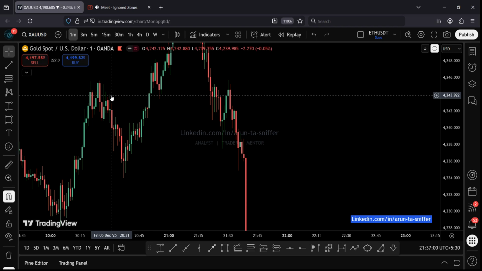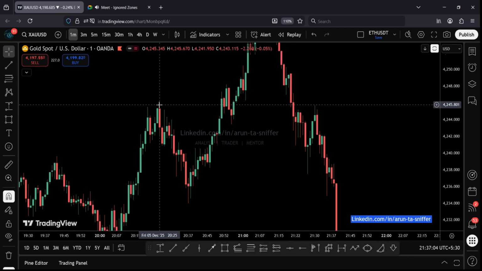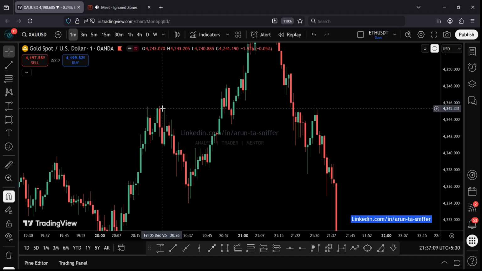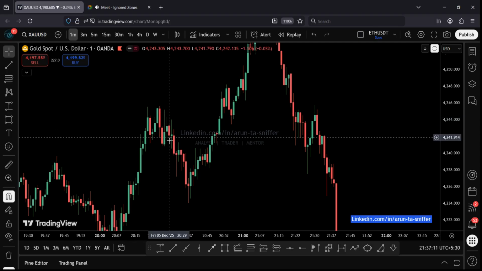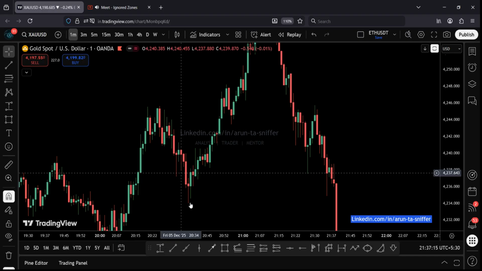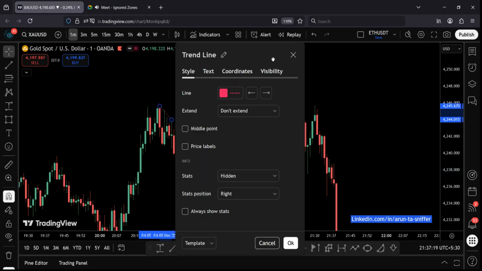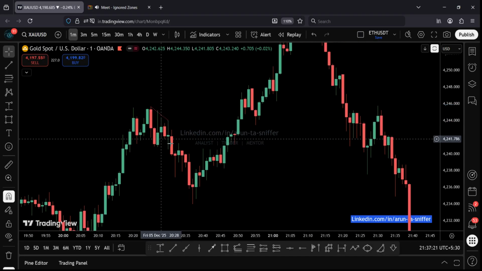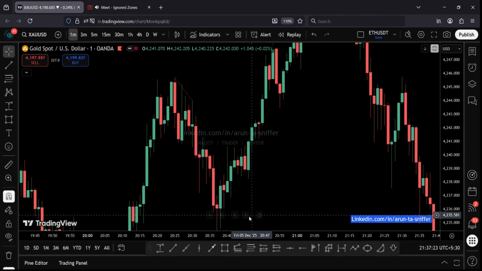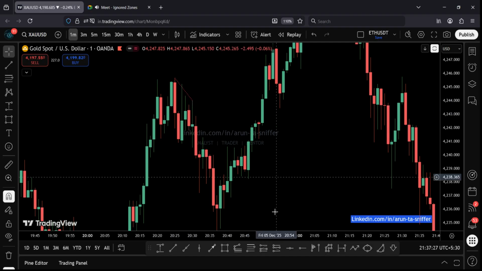Price is compressed here. This is another example. Right here. High, low, then lower high, reach this demand, then comes down, again goes to this demand, and then fell down. So price is compressed here. When price goes back up again to this area, price should come down from here.